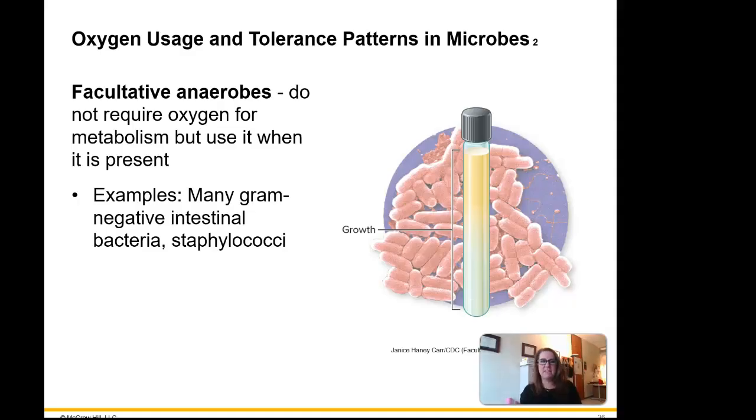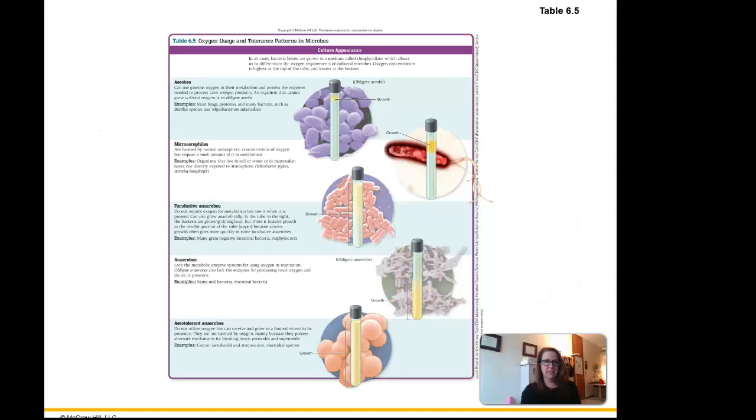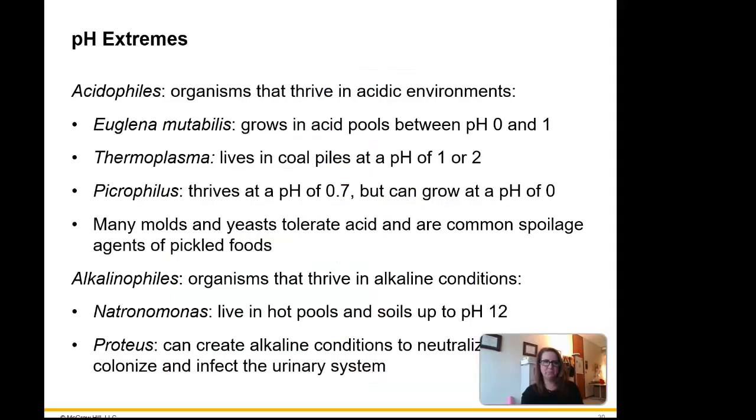So facultative means that you can be flexible and you can use it when it's present, but generally speaking, for this particular example, you're more thriving in low oxygen environments. So these are many of our intestinal bacteria, and then also some staphylococcus or staphylococci. And this figure comes straight from your book, just summarizing the patterns of oxygen usage in various types of bacteria.